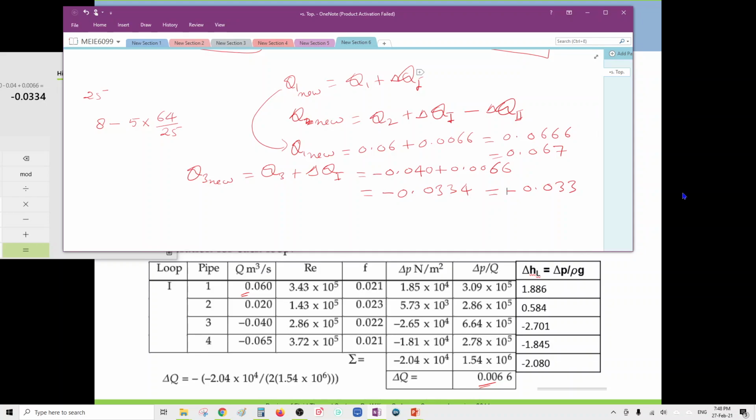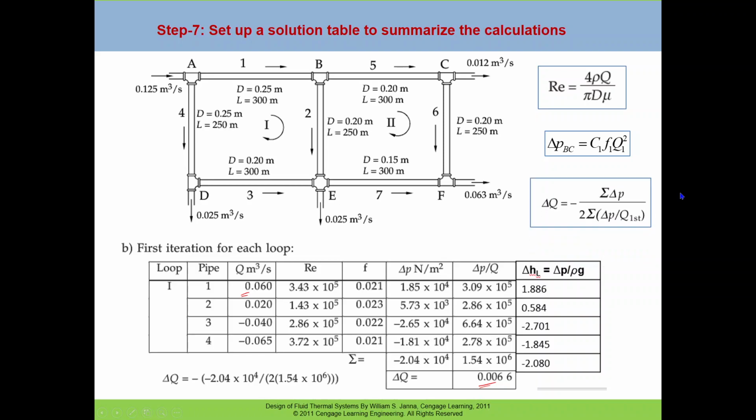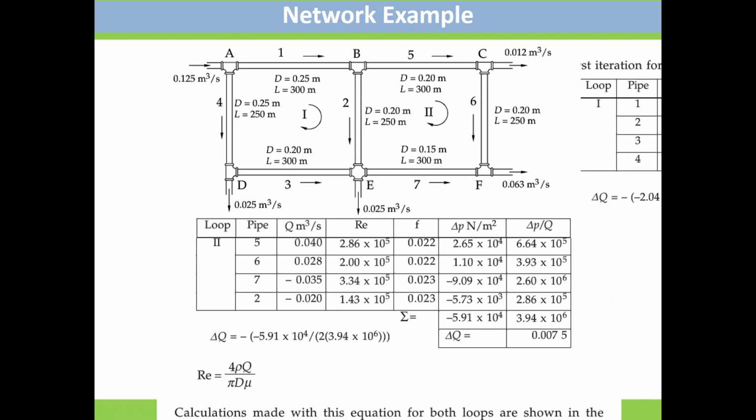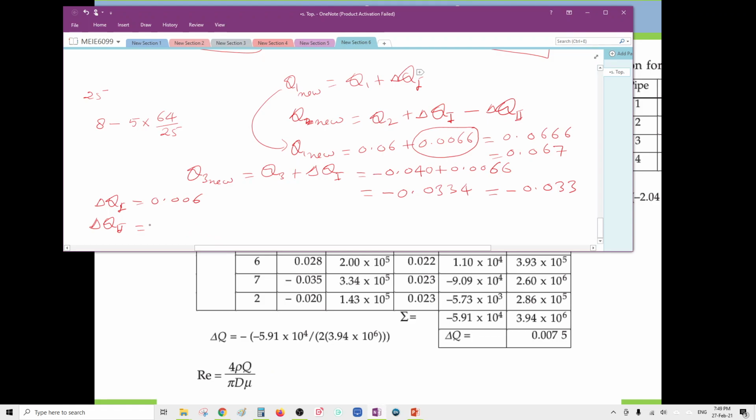So now our Q1 is this and delta Q1 is this value, right? The delta Q from loop 1 is 0.0066, and from loop 2 it is 0.0075.